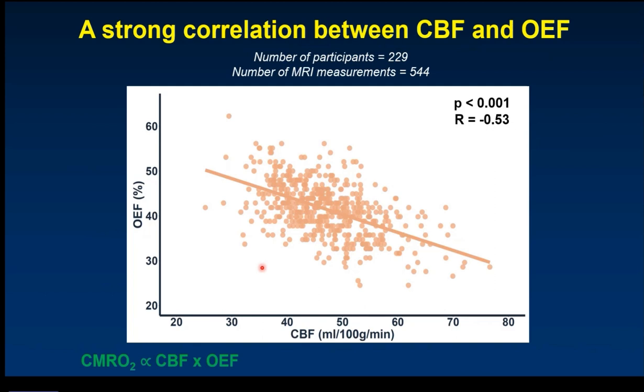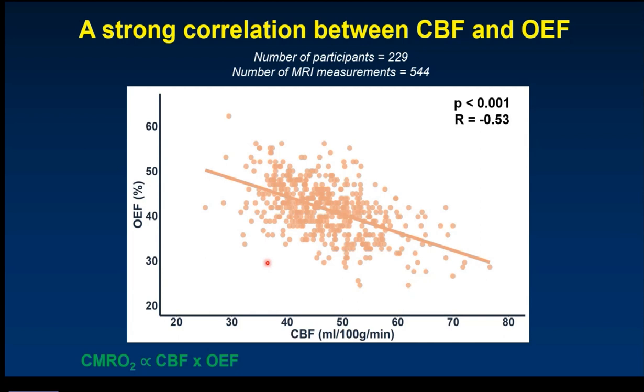Let's first take a look at what we measured from a technical point of view. This plot shows all the OEF and CBF we measured by using the MRI. And we found that there is a strong correlation between the OEF and the CBF. But we know that there exists physiological noise during the MRI measurement.